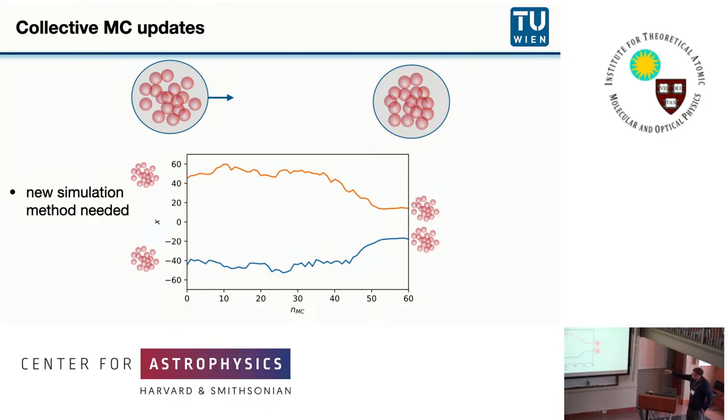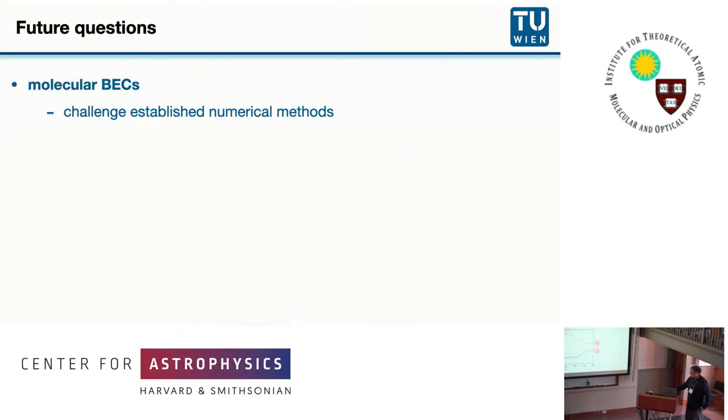And there we indeed see that if you do that, an initial configuration that would be completely frozen in the standard Monte Carlo simulations is essentially approaching each other in these states, and then at some point they get stuck again because of the interaction. So this really shows there's also some work to do on the numerical side, right? All the methods that we have really don't work, and if you want to have reliable predictions for these molecular systems, we really have to get a better idea or to improve our numerical methods.